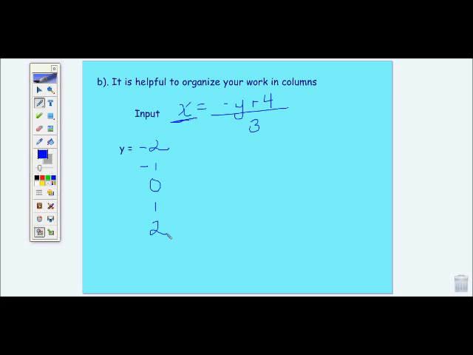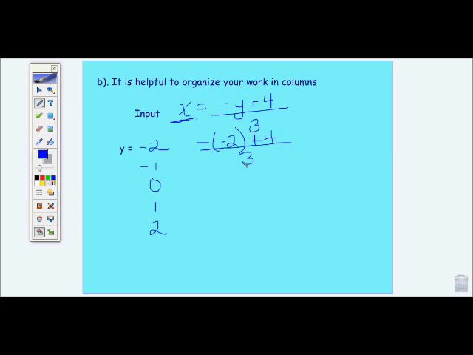Now what I need to do is substitute them into the equation. So for the first one, I'm going to do a negative negative 2 plus 4 divided by 3.